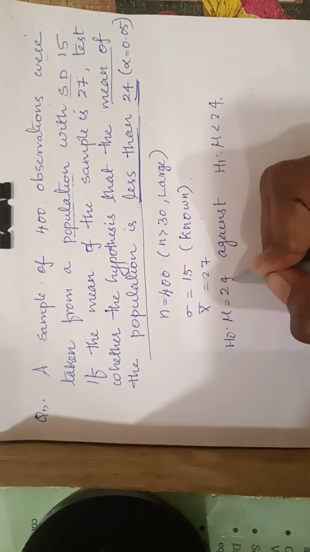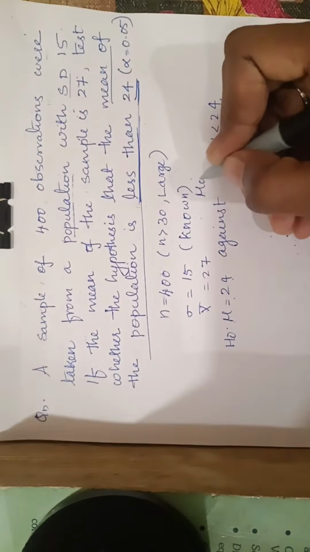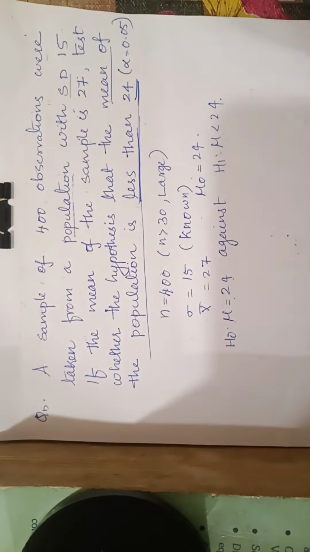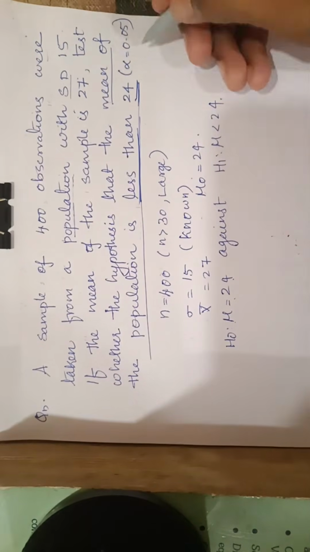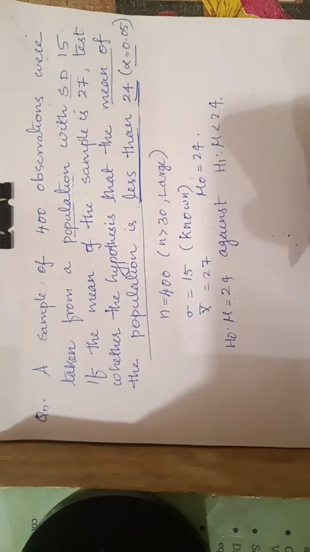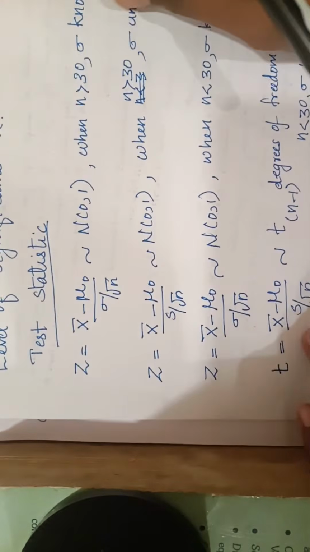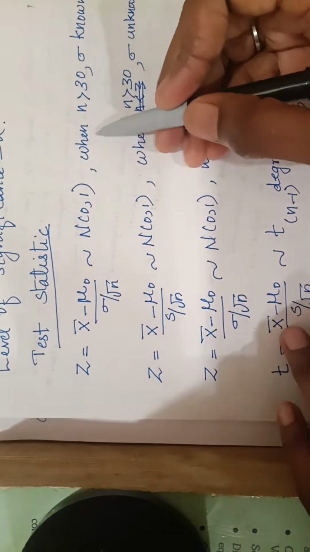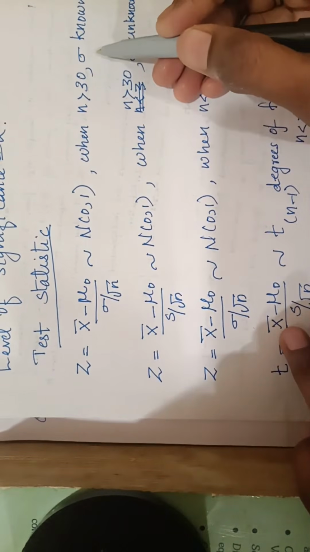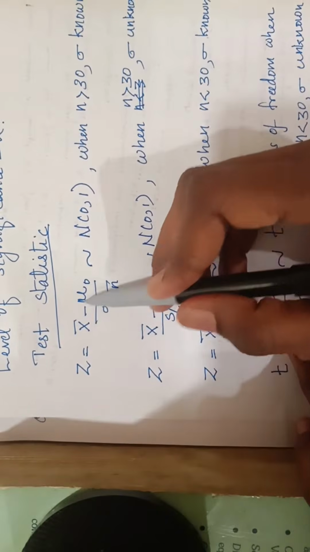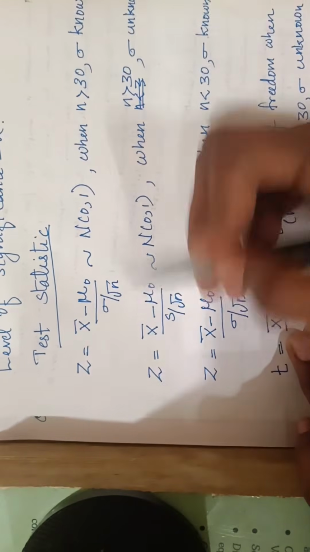So H naught: mu equal to mu naught, that means our mu naught is 24. And we are given alpha is 0.05. Now what will be our test statistic? We have already discussed this. When n is greater than 30 and sigma is known, our test statistic will be x bar minus mu naught divided by sigma by root n.